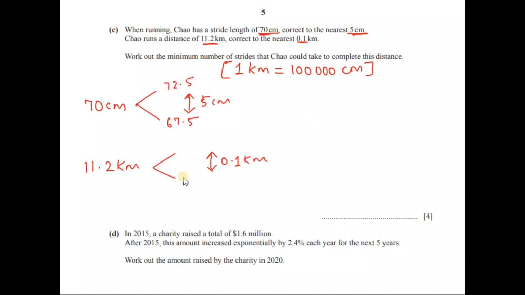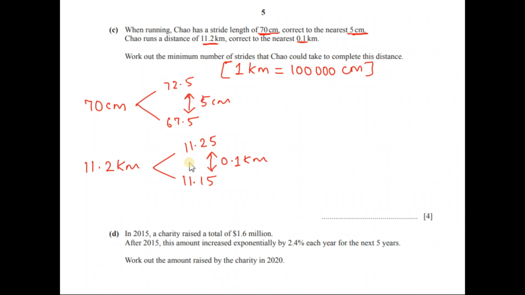So the lower bound would be 11.15 and the upper bound would be 11.25 kilometers. Now work out the minimum number of strides that Chow could take to complete this distance.